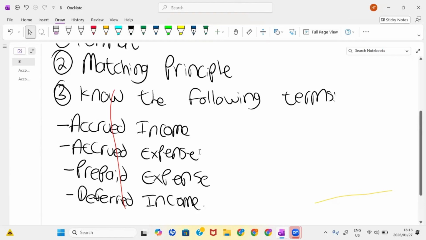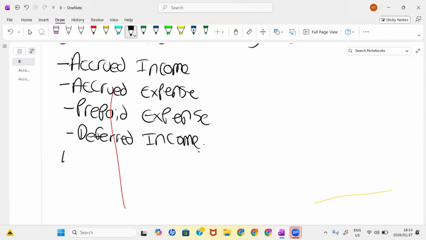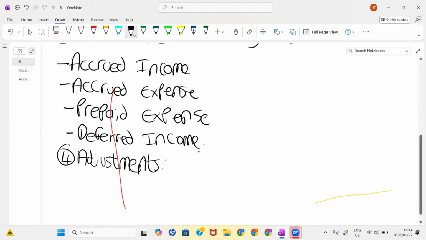So these are the terms that you need to know. And the last thing that I spoke about were the adjustments. So this is just a recap from yesterday.